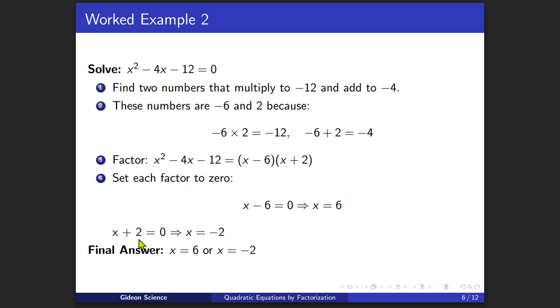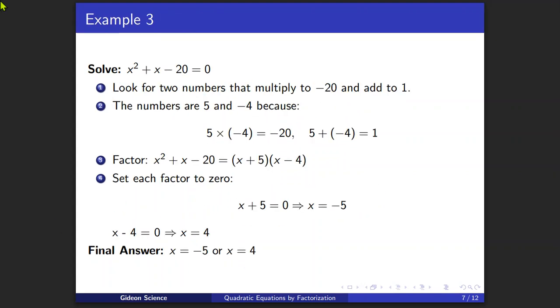And x plus 2 equals 0 implies x equals minus 2. So the solution to this quadratic equation is x equals 6 or x equals minus 2.